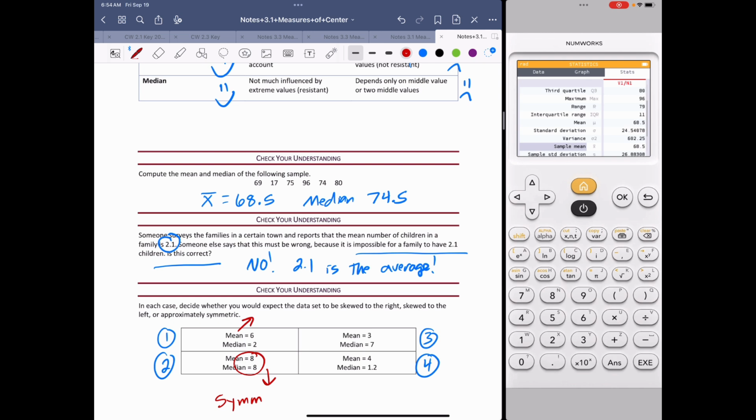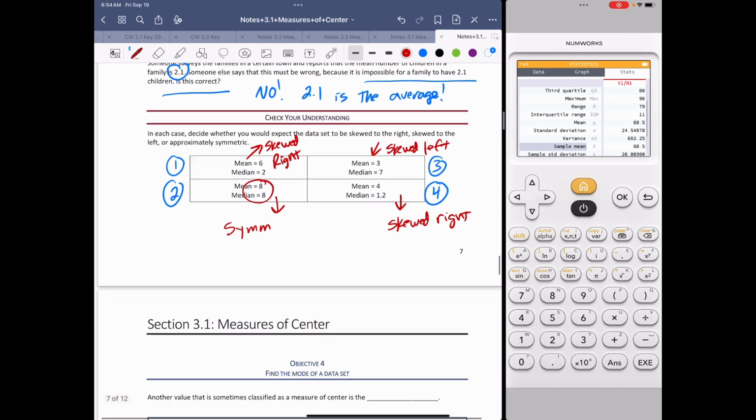It's pulled to big numbers. I think this is skewed right. The third one, the mean is less, so I think that it is skewed left. And the fourth one, the mean is bigger, so I think that it is skewed right. And notice each time I said I think, because you cannot tell unless you look at the data.